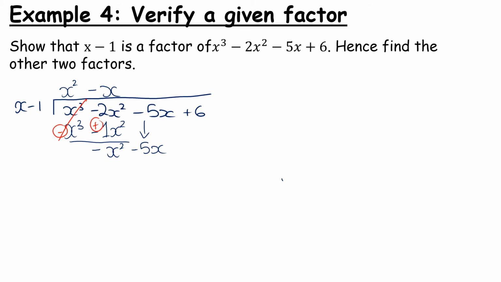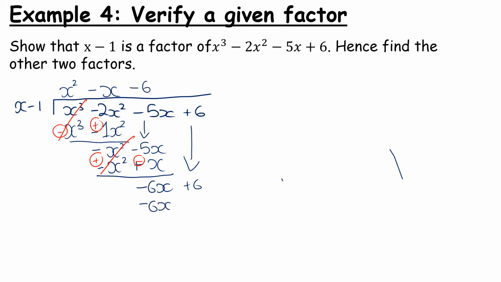If you're not comfortable with this division, do your rougher column, plus x, and now we do our subtraction, plus and then minus 6x, and we bring down plus 6, and x divides into minus 6x minus 6 times, so minus 6x plus 6, and my last step is my subtraction.